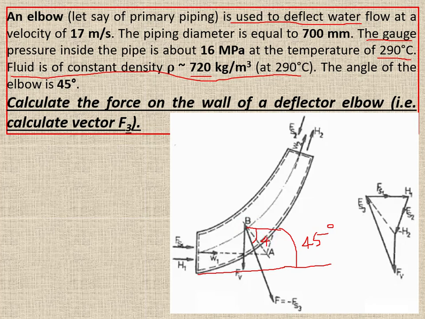This is the force at point B, which is F3. This is the force which is exerting the force on the pipe bend. And you see the flow is exiting through the elbow with an angle of 45 degree.